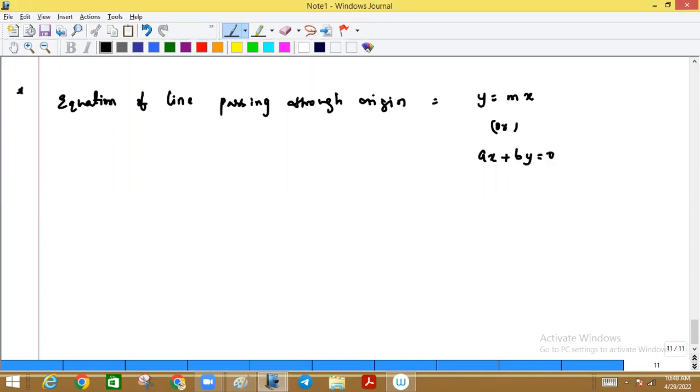Whenever you see a line without a constant term, what is the meaning? The meaning is that the line is passing through the origin. Whenever you see a line which is passing through the origin, it does not have a constant term, right?